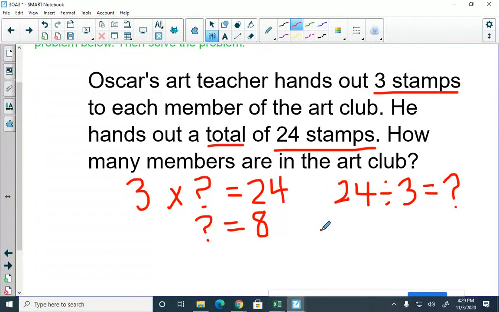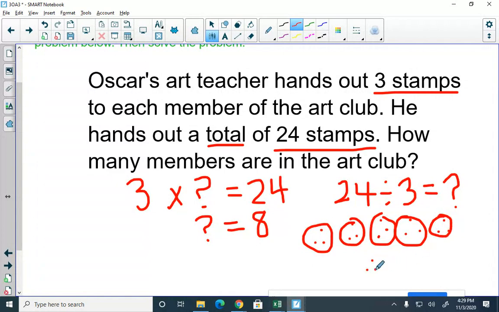I would say 1, 2, 3, 4, 5, 6, 7, 8, 9, 10, 11, 12, 13, 14, 15, 16, 17, 18, 19, 20, 21, 22, 23, 24. And after I did that, I could see that I made 1, 2, 3, 4, 5, 6, 7, 8 groups. Same answer. Question mark equals 8.